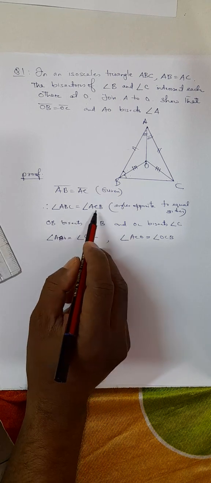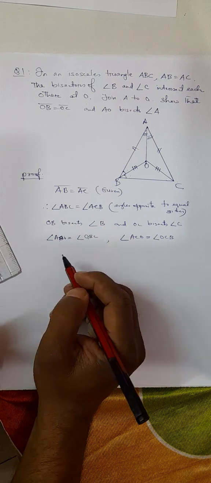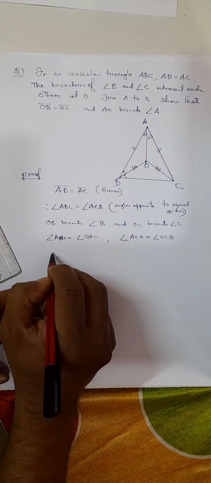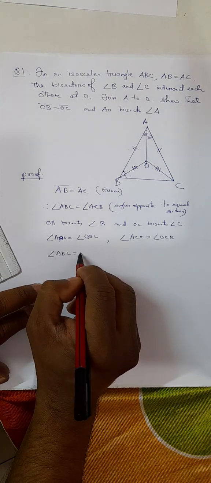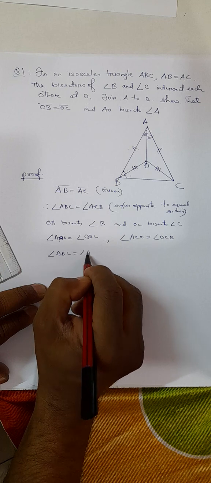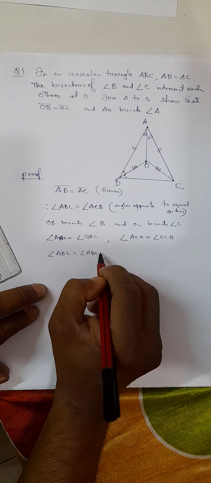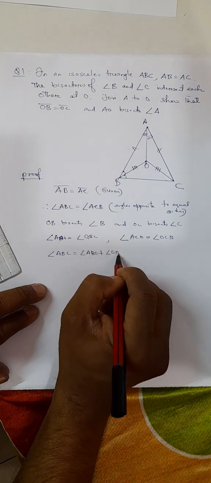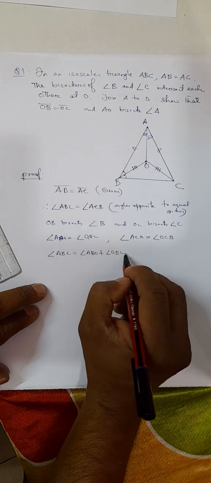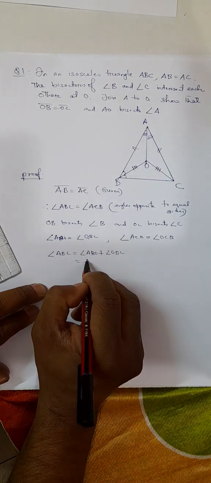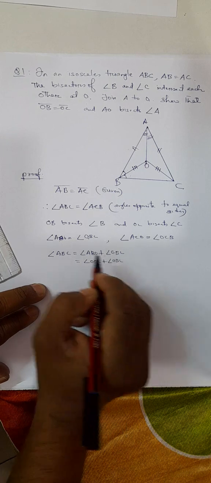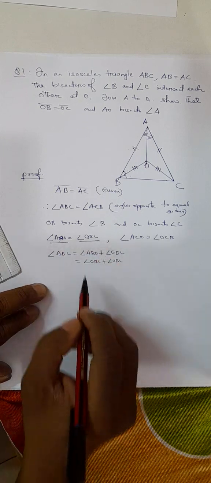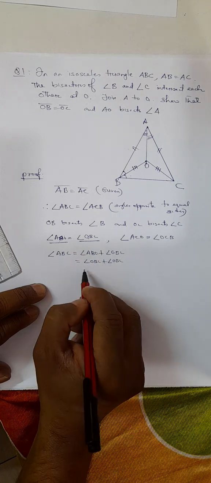Now we know that angle ABC equals angle ACB. Angle ABC equals angle ABO plus angle OBC. That means angle OBC plus angle OBC, since ABO equals OBC, so in place of ABO we are writing OBC.